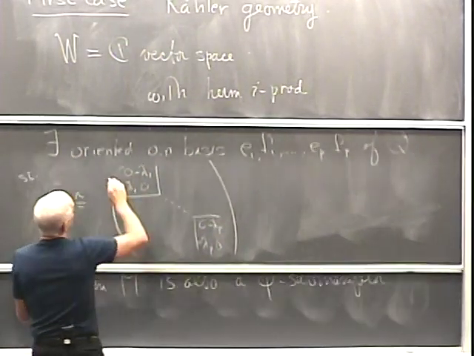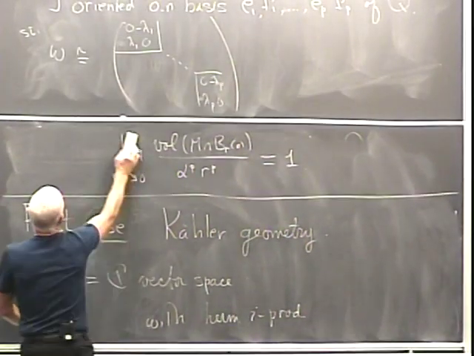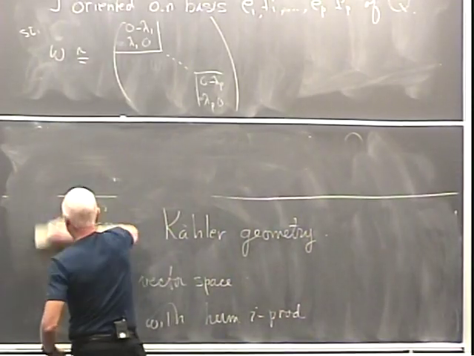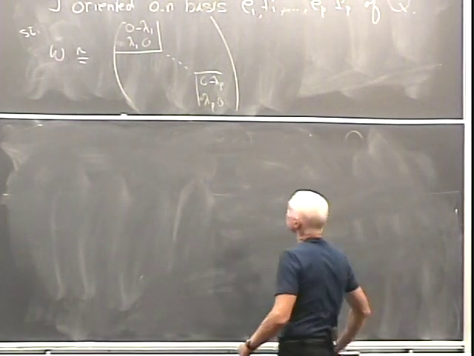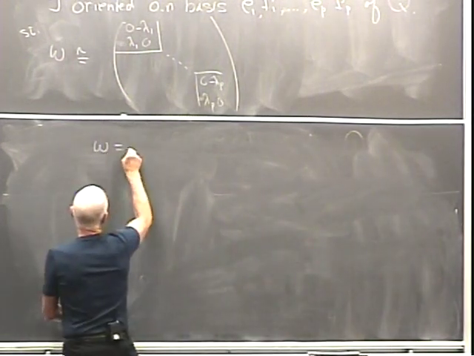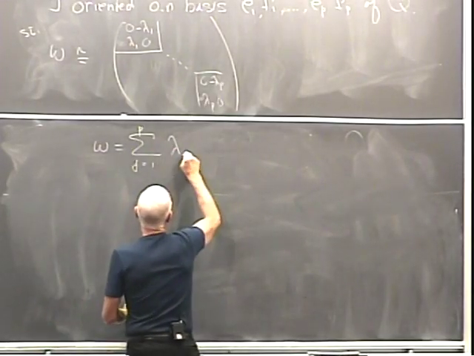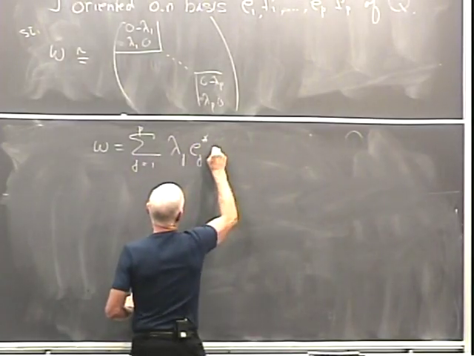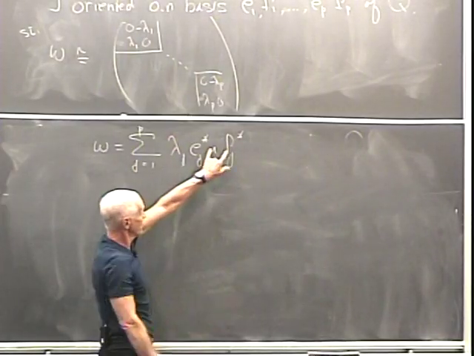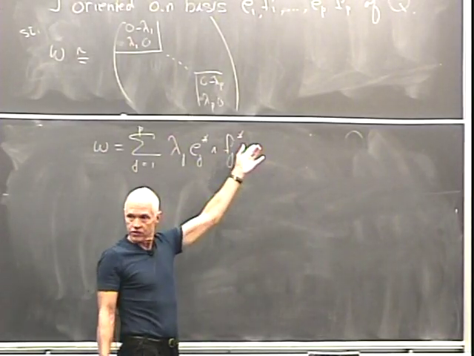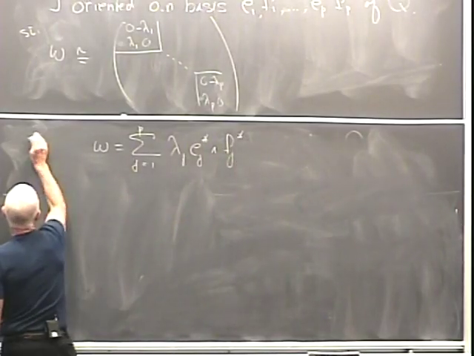If you want to write that out in terms of the basis, then that means that omega is of the form the sum from j equals 1 to p of lambda j ej star wedge fj star, where the e's and f's with stars on them represent the dual basis to the given basis. So that's the same thing as saying this.